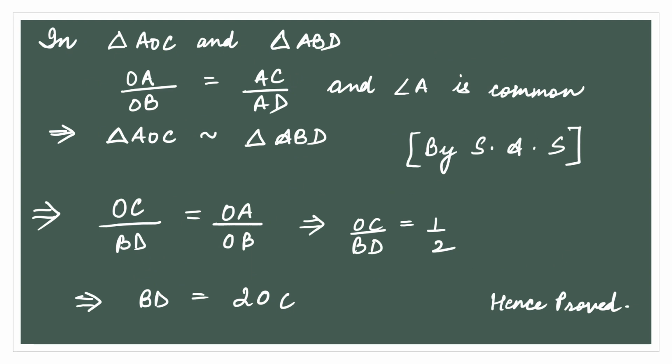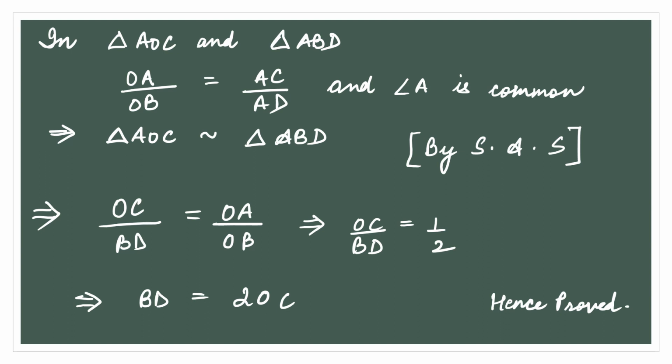Now coming to triangle AOC and triangle ABD, OA upon OB is equal to AC upon AD and angle A is common. Two sides are proportionate and the included angle is common, therefore we can say that triangle AOC is similar to triangle ABD by SAS, side angle side theorem.